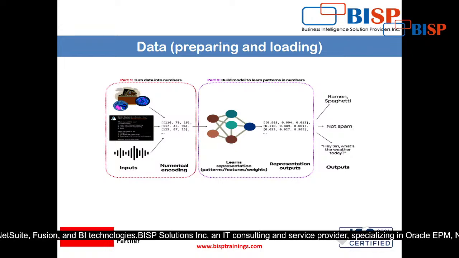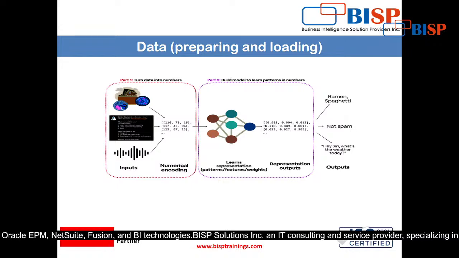Now see here, data preparing and loading. First of all, suppose this is an image. Let's take an example. Turn data into numbers. This is part 1. Either the data could be an image, or a numerical value, or the data could be voice.